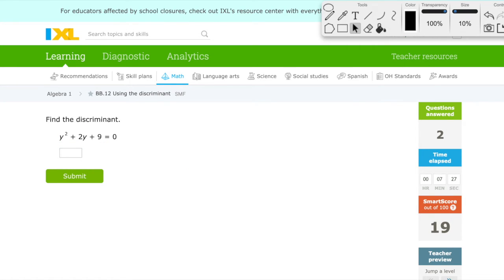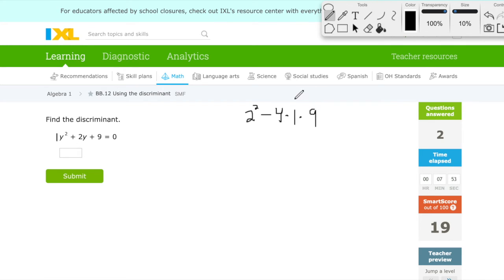Okay, find the discriminant again, same thing. b squared minus 4ac, so b squared would be 2 squared. I'll actually write that out. Minus 4 times a. Remember, if I don't see anything, that's just a 1. Times c is 9.